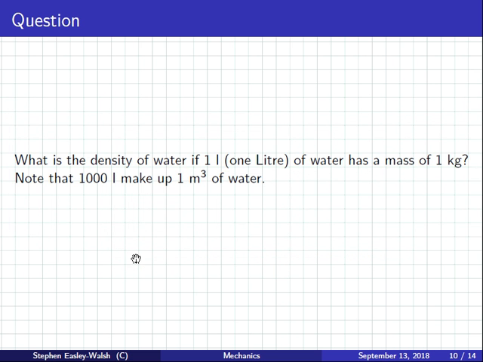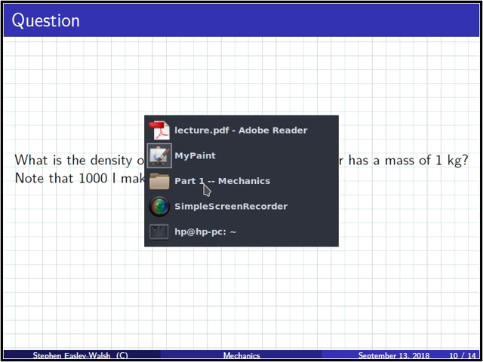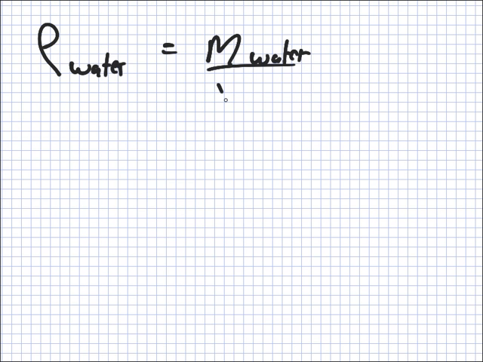Now, here's an example. What is the density of water if 1 litre of water has a mass of 1 kilogram and 1,000 litres is a metre cubed? Okay, so let's work this out together. So we want the density of water. That's the mass of the water over the volume of the water.